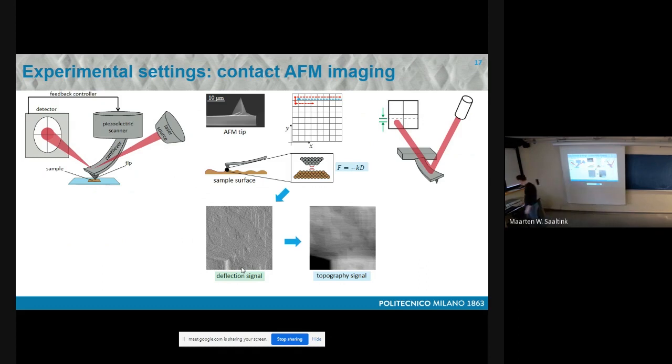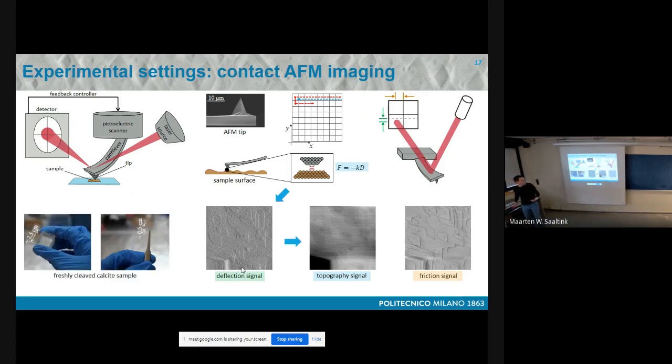And then you can also have friction maps, which enable you to see, more or less clearly, different regions in the system. This is a pit, and this is a terrace, like I was saying. So these are the type of images that you have. And just to give you an idea, this is the sample. It is just pure calcite, to give you an idea of the size of the sample.